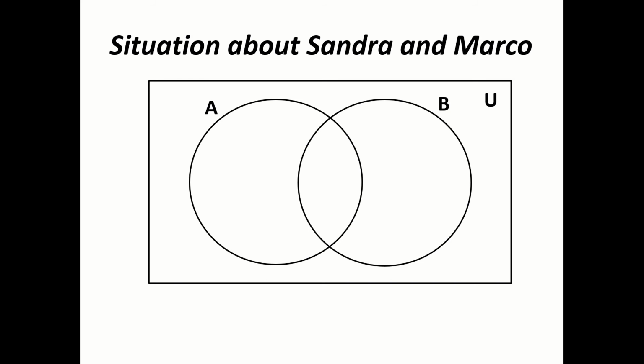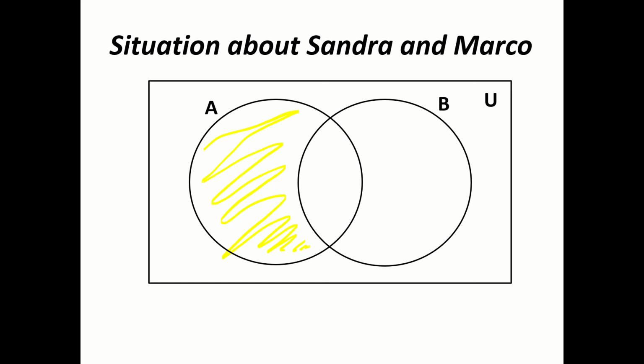So the very first thing that we have to do is place the elements in their correct regions. So remember that this region in here, okay, let me just use a highlighter. The region in here is intended for the fruits that Sandra likes, but not Marco.